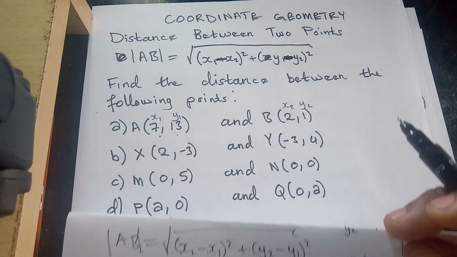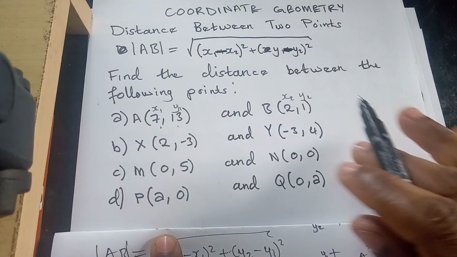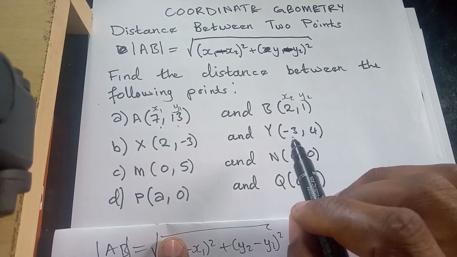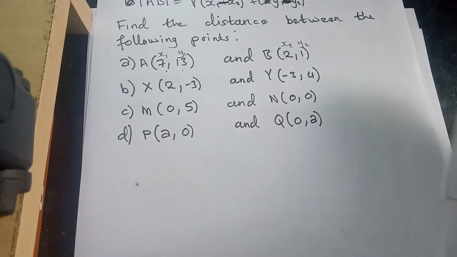So let's work out part B. On part B, we have (2, -3) and (-3, 4). So we can just do the same thing.